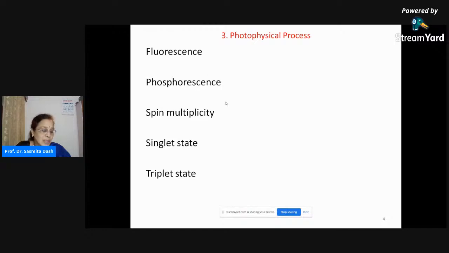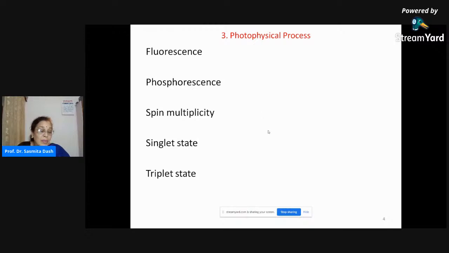is equal to 0. Now we have another formula for spin multiplicity, total spin. That formula is 2S plus 1. And we write 2S plus 1 is equal to 1 when S is equal to 0.